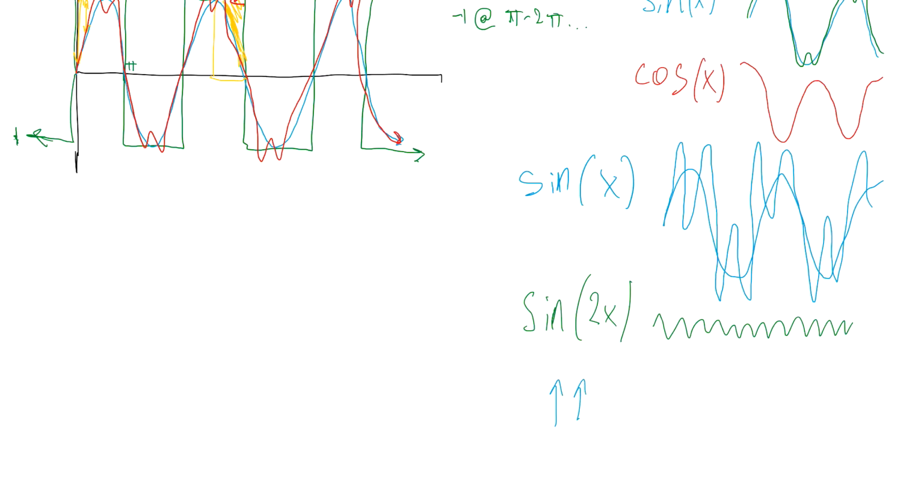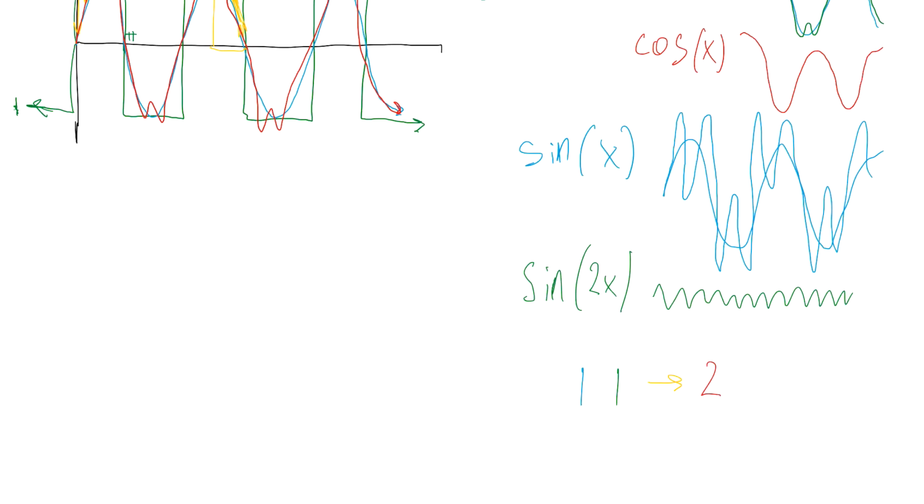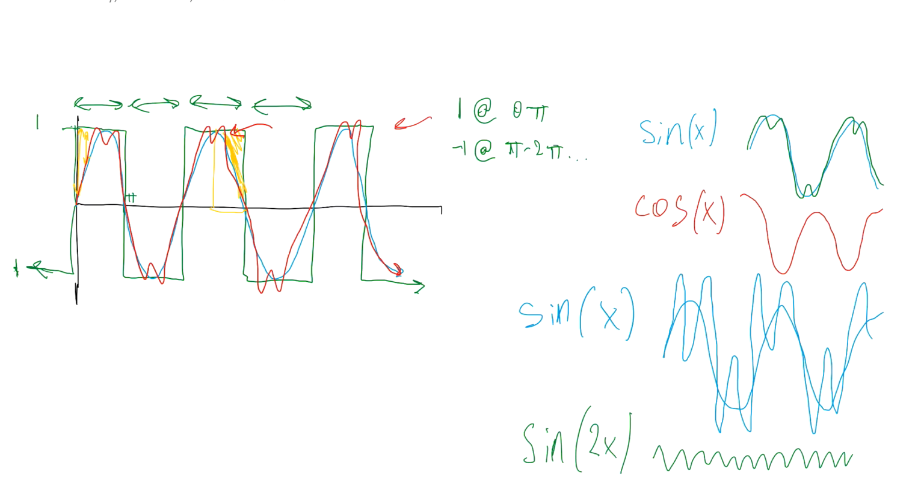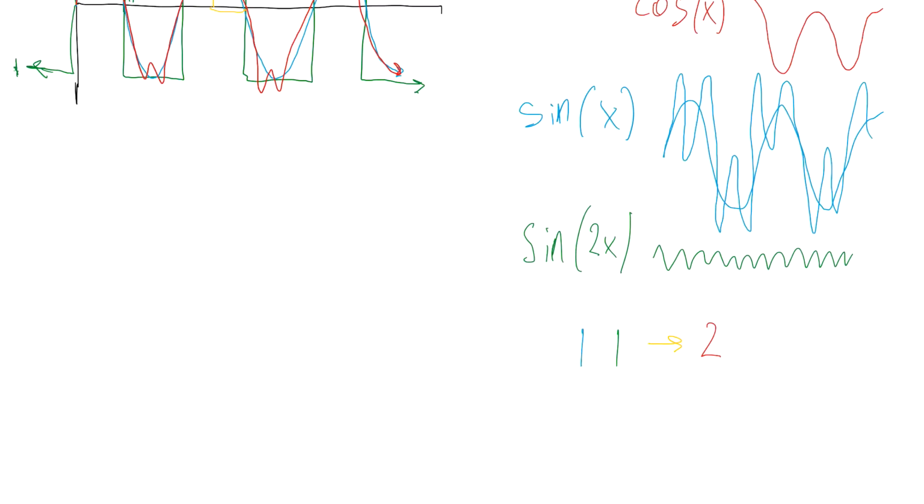So if they are both high, so let's say they're both at 1. So if that is at 1 and that is at 1, then it's going to turn out to be 2. And this function that we have over here only stops at 1. Now if we have 1 and negative 1, it's going to go to 0.